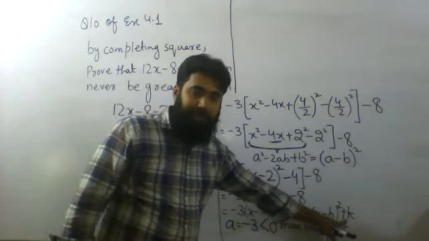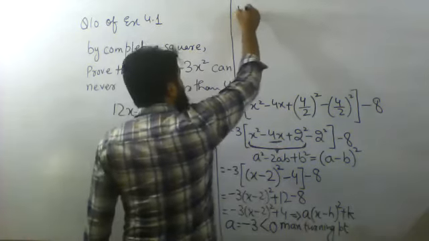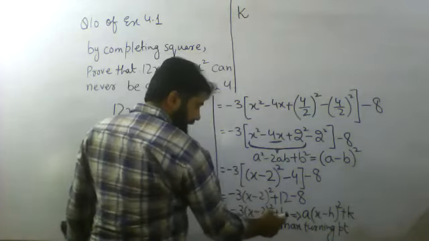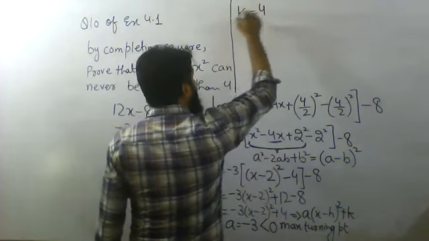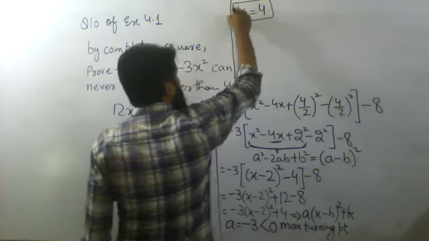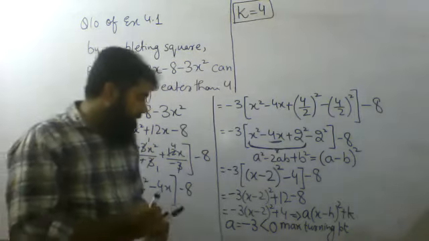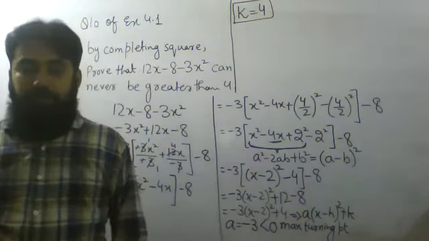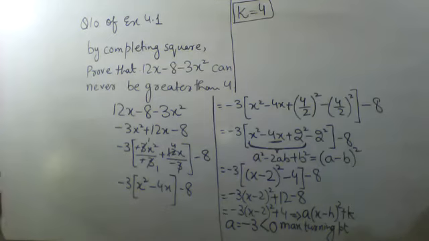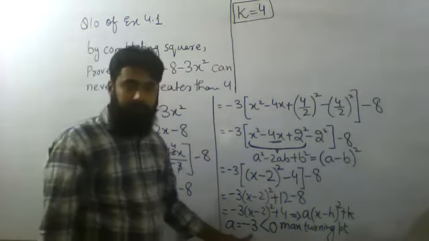Outside the bracket, it is written plus k. So k, and over here outside the bracket, it is written 4. So they are saying that we are going to have a maximum turning point.